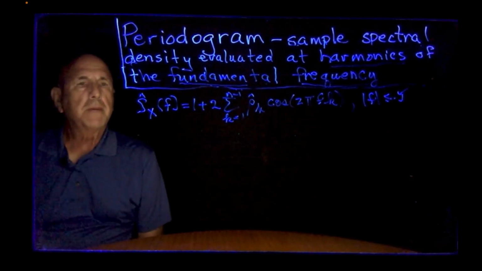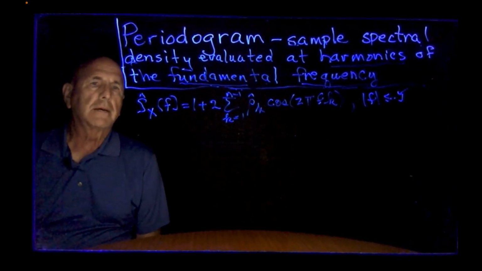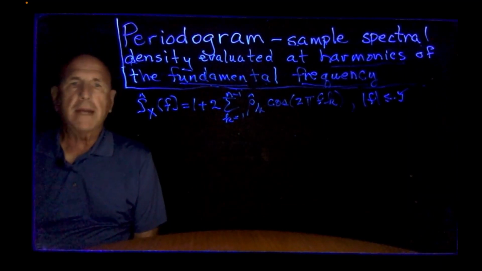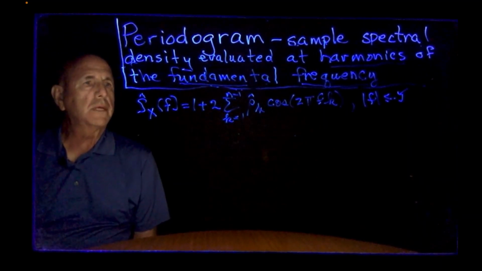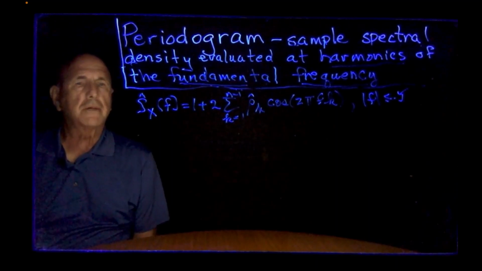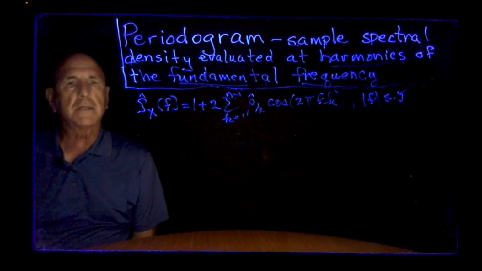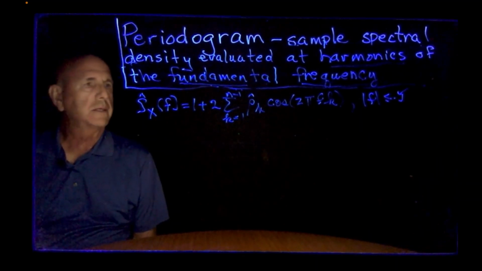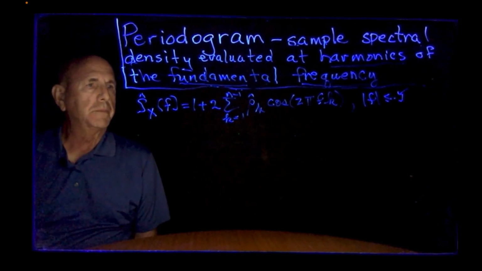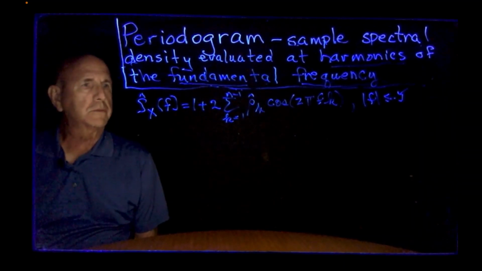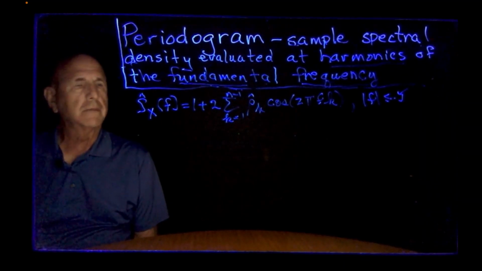Some things to remember about the sample spectral density: one thing was it was very erratic in behavior, and we didn't really use that as our measure of the periodic behavior. We actually wanted to smooth that and use the Parzen smoothed version of the spectral density.